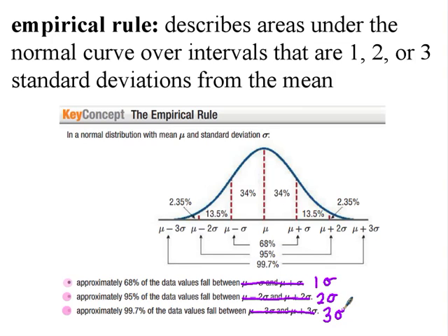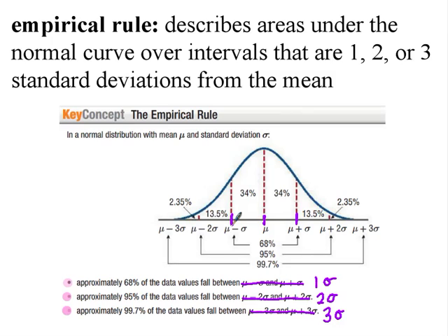Now, what that means, if you deal with something that's a normal distribution, and you've got your average here in the middle, if you go 1 standard deviation to the right, 1 standard deviation to the left, 68% of the values will be in there.